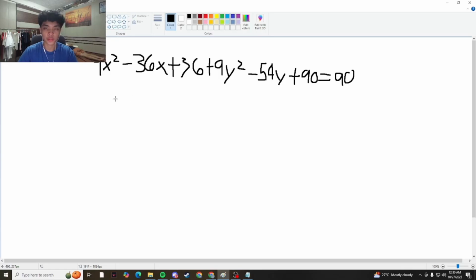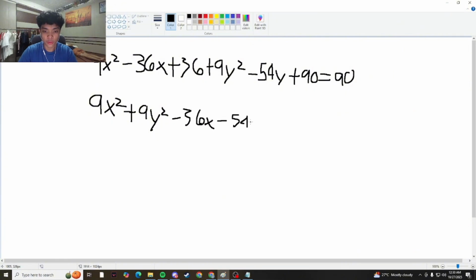Now we can do the general equation. But first we can add like terms, which are the constants. So 9x squared plus 9y squared minus 36x minus 54y. 36 plus 81 is 117, and we can move this to this side, so minus 81 equals 0.